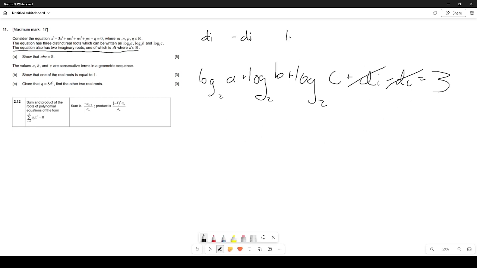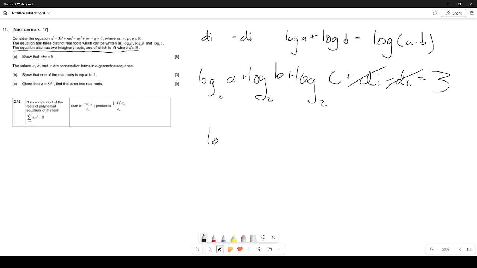And using the log laws that we can see here, where we have log a plus log b, we know that this is equal to log of a times b, and this can be applied for this as well.